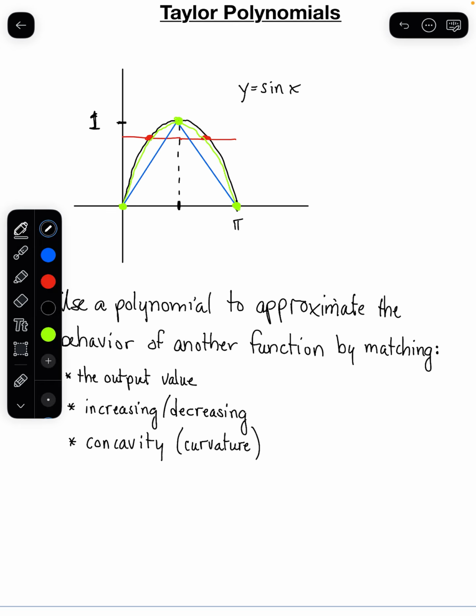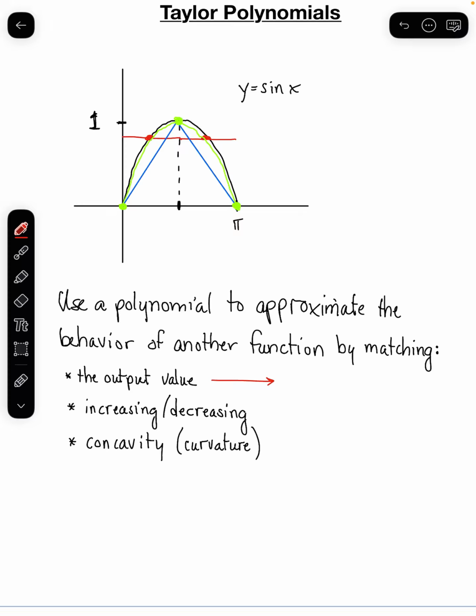Now, that's where we're going to run out of names for stuff, but the idea is that the output value is matching f of a, the output value of the function, but in order to match increasing and decreasing, we need to be matching the first derivative. In order to match curvature, we need to match the second derivative.